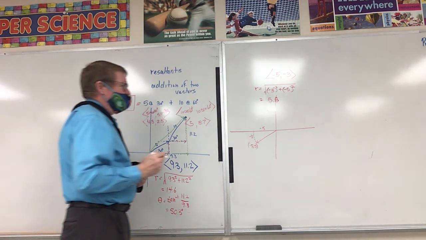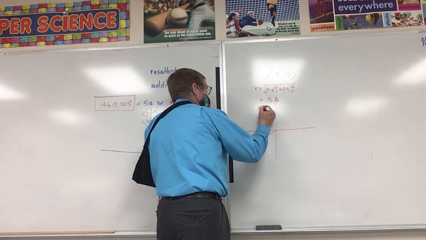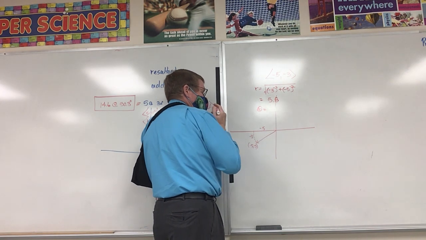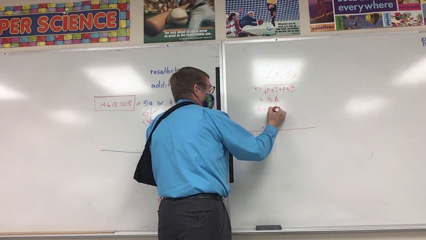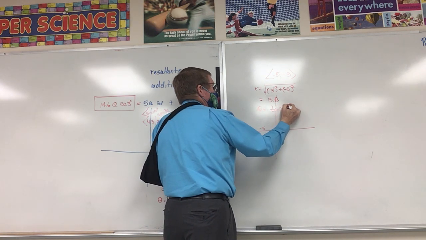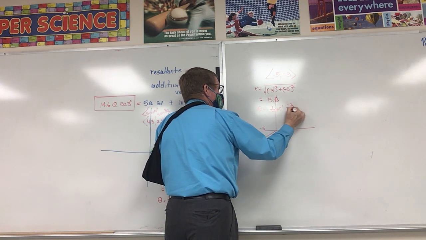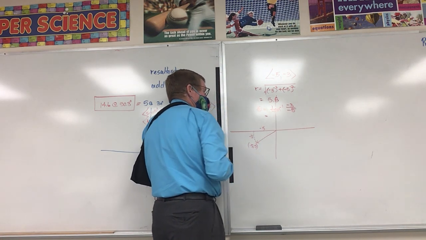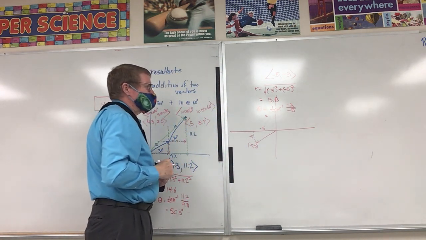How do I find my angle? Oh, that's no different. Inverse tangent of 3 over 5, which is? It's 31.0.